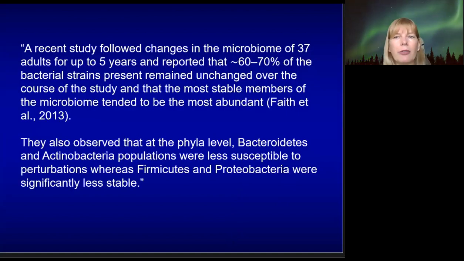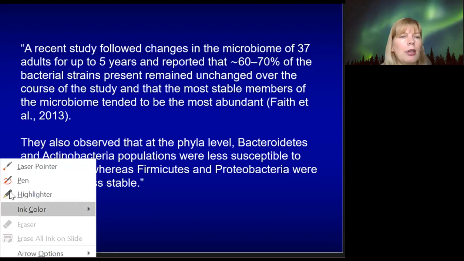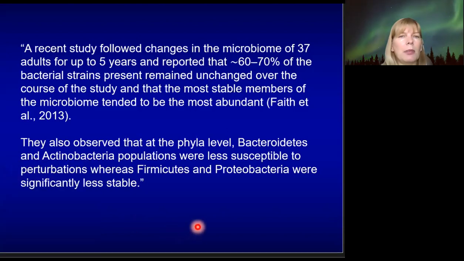Okay, this is taken from that paper that we were just looking at, that figure. In 37 adults for up to 5 years, 60 to 70% of the strains present remained unchanged over the course of the study, and the most stable members of the microbiome tended to be the most abundant. All right, so there's some nice data showing there's a stable presence of microbes.